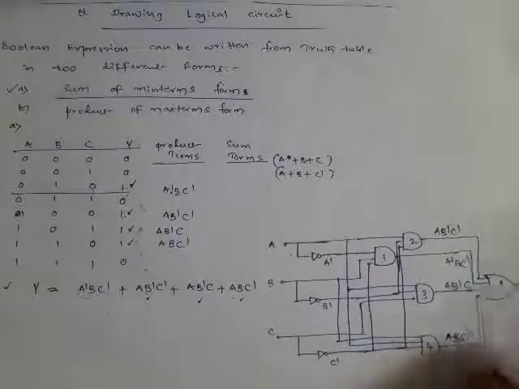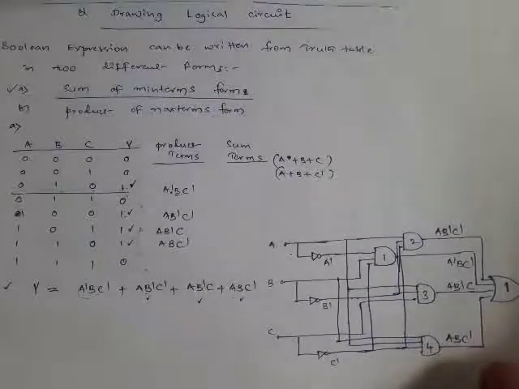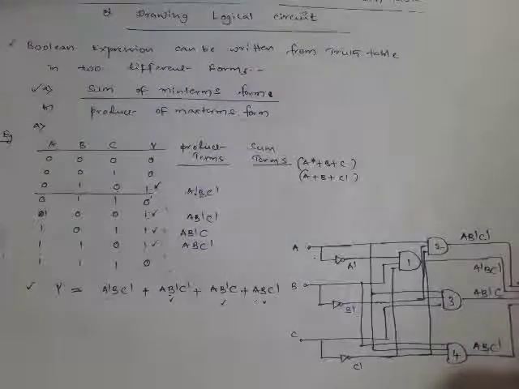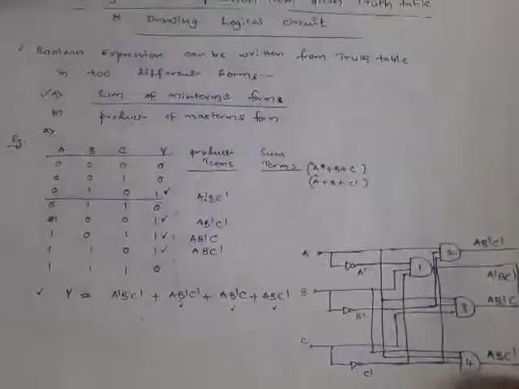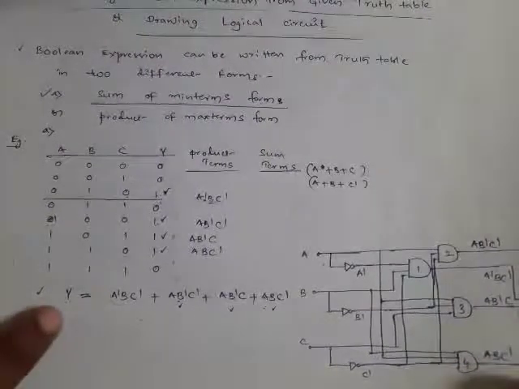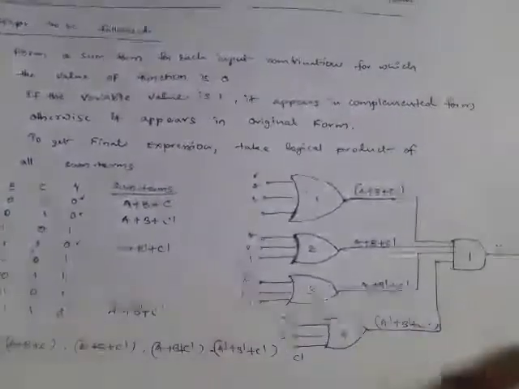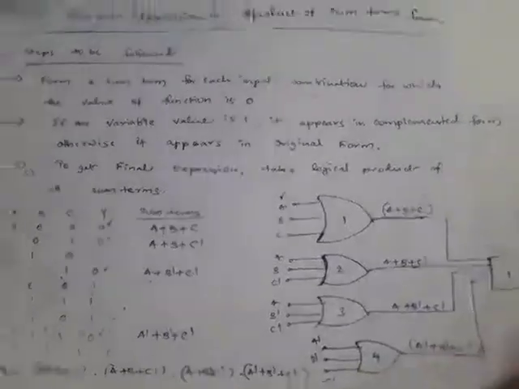So this is how we realize, or draw, a logical circuit for the Boolean expression obtained from the truth table. In here, in the special case, it is in the sum of product terms form, and we have also obtained the Boolean expression in product of sums form.